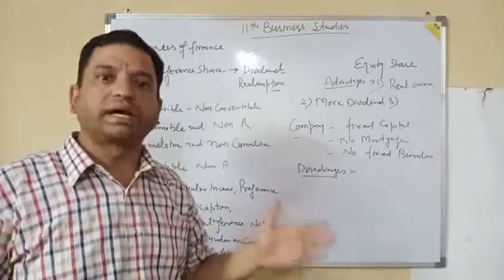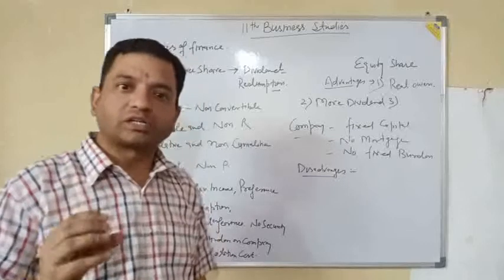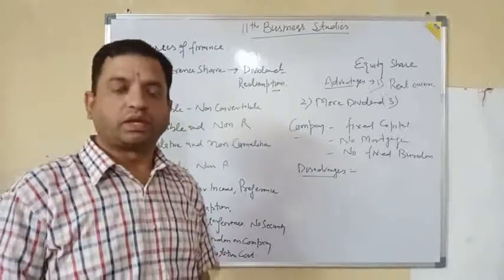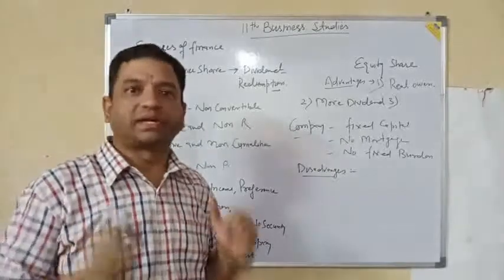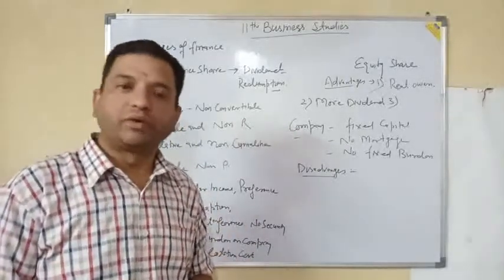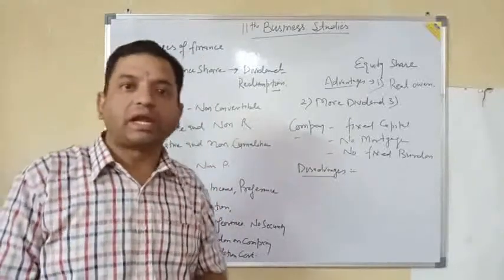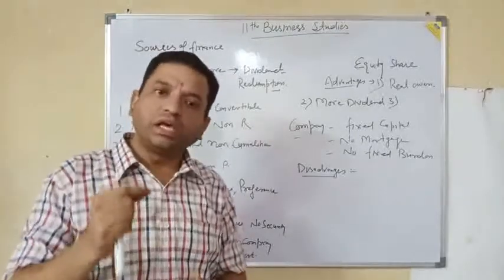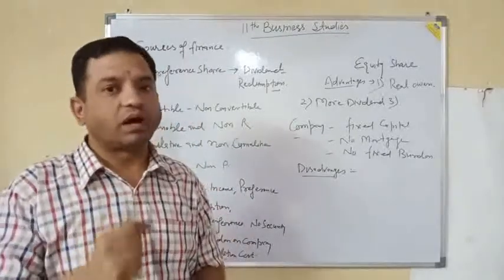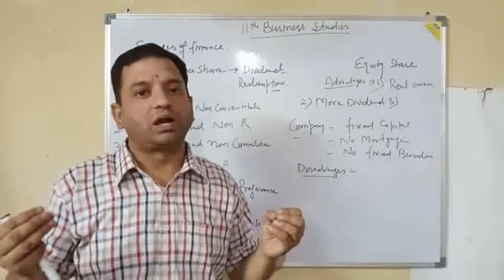If the whole of the capital of a company, which you can call authorized capital, registered capital, or nominal capital, is divided into some small parts of equal value, then each part, each denomination of the value, is called a share.